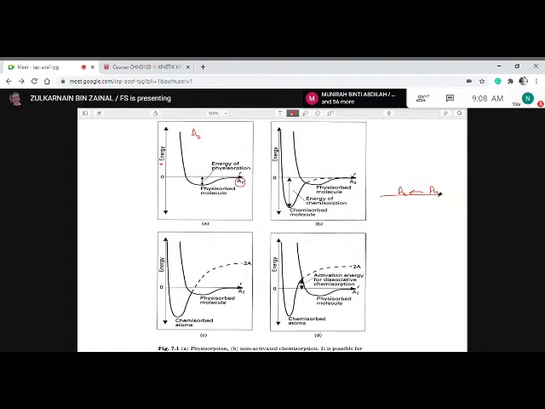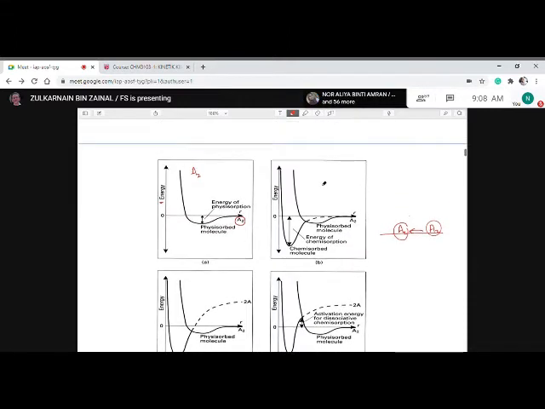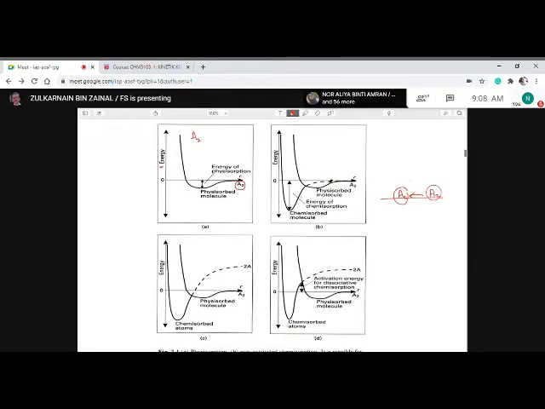So this is where physical adsorption occurs, but at the same time the molecule tries to find a place where it can form chemical bond to the surface, right? So this is called non-dissociative adsorption process. So these two, physical and also chemical adsorption process, are non-dissociative adsorption process.